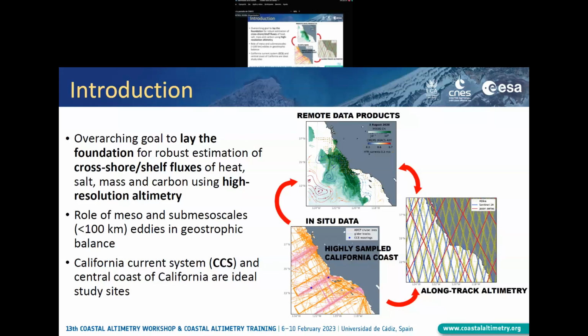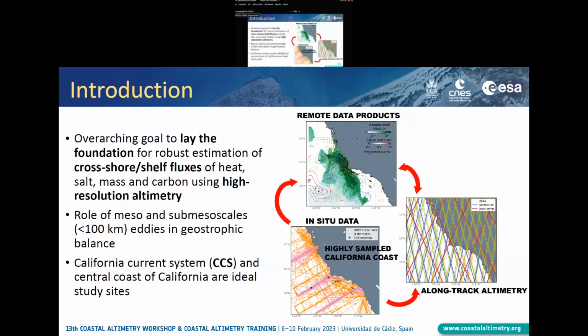We will start on the coast of California because it's an upwelling system, so lots of carbon comes up and needs to get exported offshore. This regime is a very narrow shelf, underlain by a very eddy-rich ocean. So if we couldn't get it done here, it probably wouldn't work elsewhere.